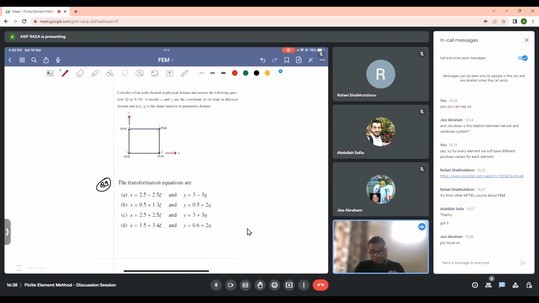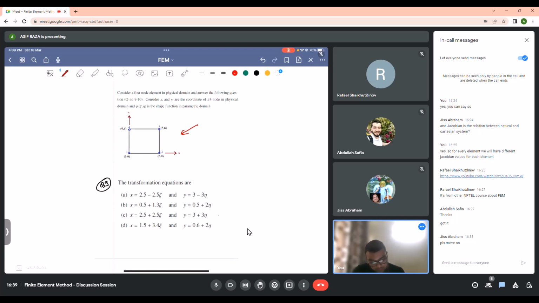Okay, so question number 9, and the last couple of questions for today's session. Consider a 4-node element in the physical domain and answer the following questions, question number 9 to 10. Consider xi and yi are the coordinates of the ith node in the physical domain, and phi i with xi and eta coordinate system is the shape function in the parametric domain. And this is the element which we have in the physical domain, xi, yi.